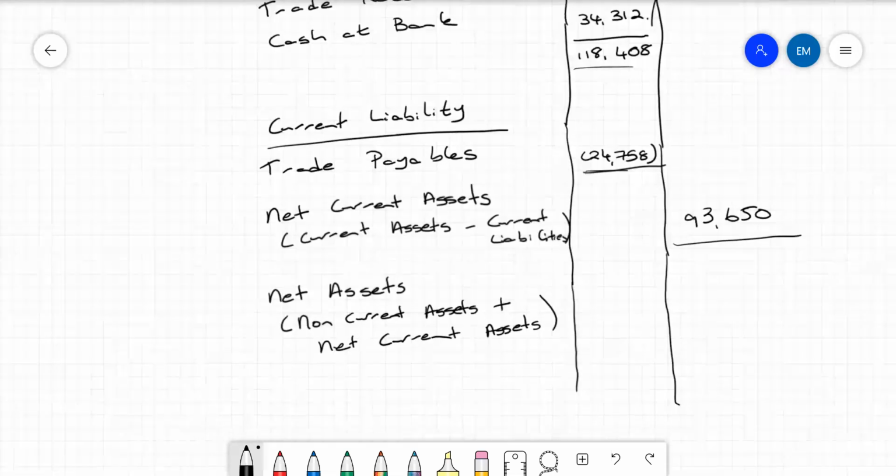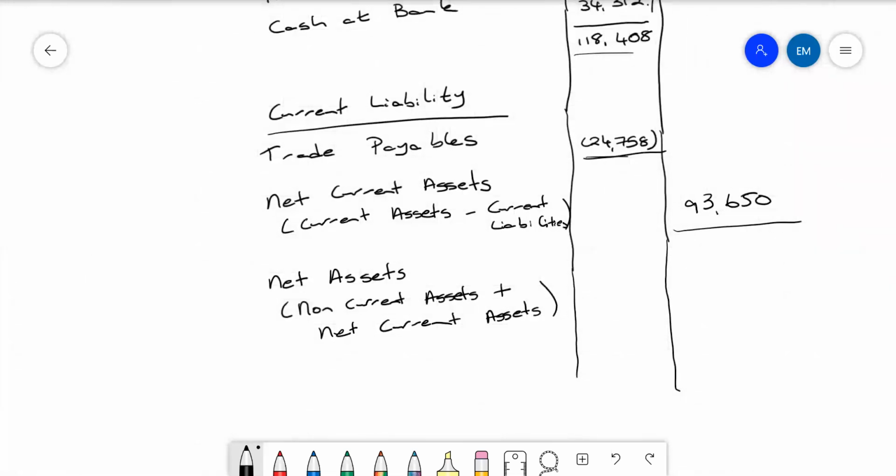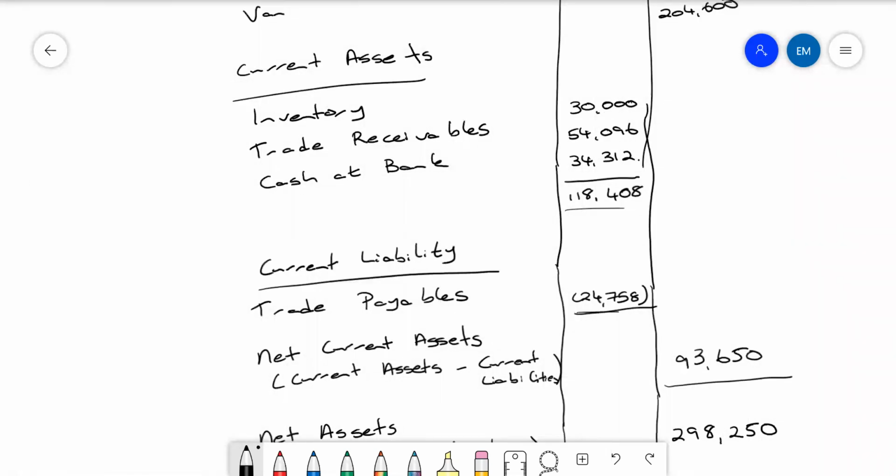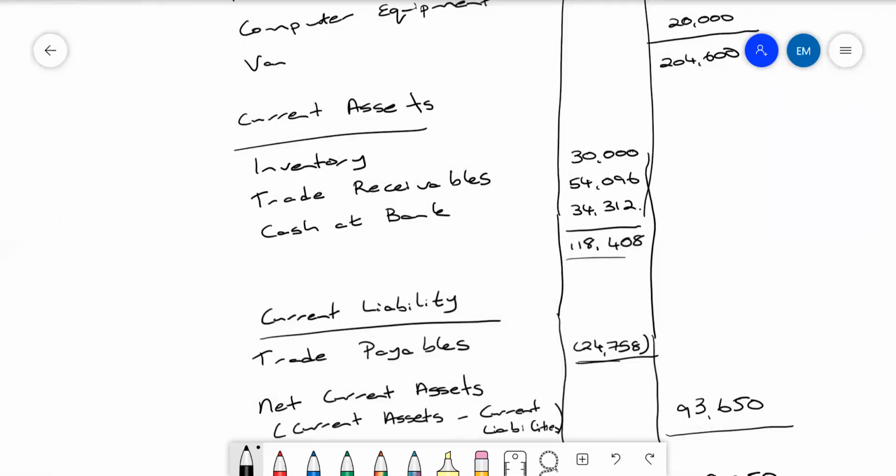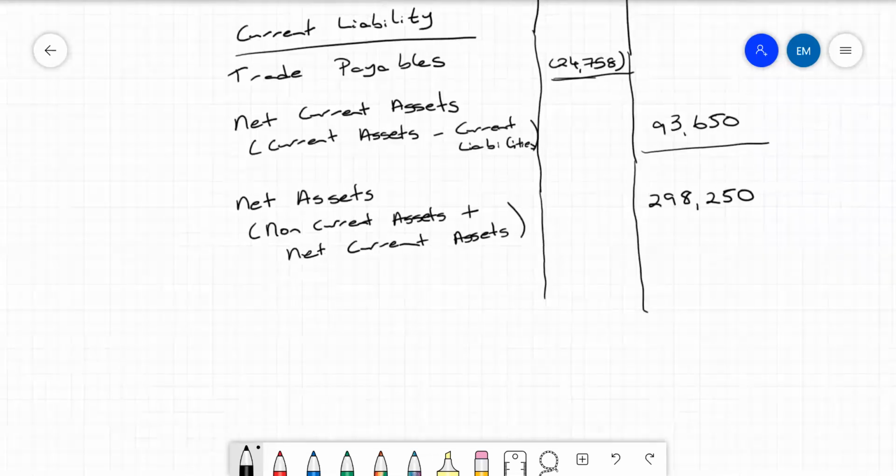Our net current assets is 93,650, and that gives us a total net assets figure of €298,250. So our net assets figure is €298,250. And that is the top part of our statement of financial position.